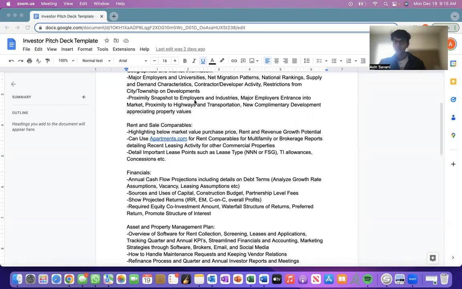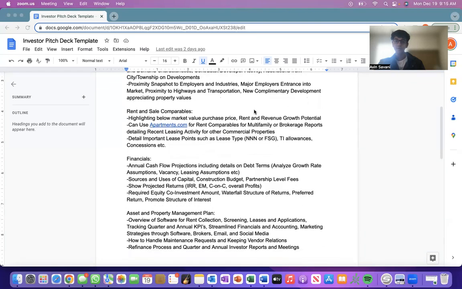There are also basic sources from the National Association of Realtors that you can look into. Contractor developer activity, again, is another good thing to watch out for. If you have some good data, which is honestly kind of hard to find, on good contractors and subcontractors doing a lot of good projects in the area, that's a great source to include there.